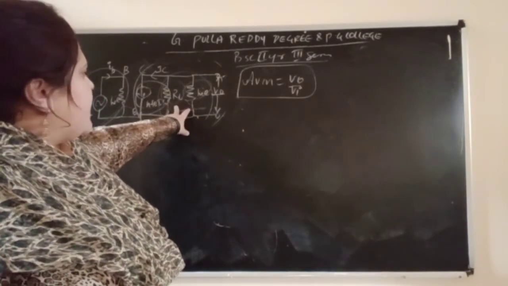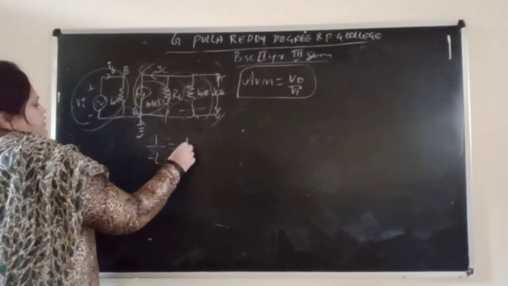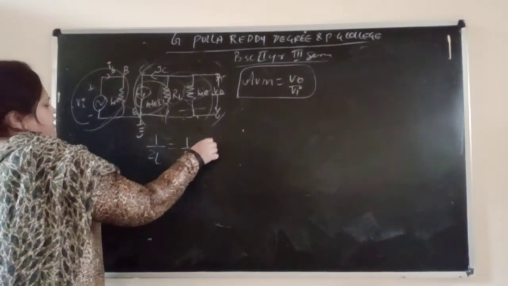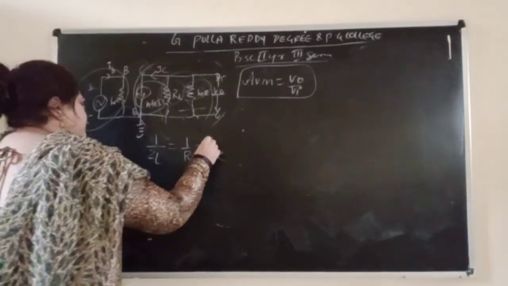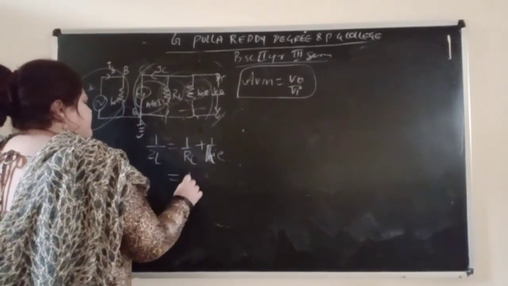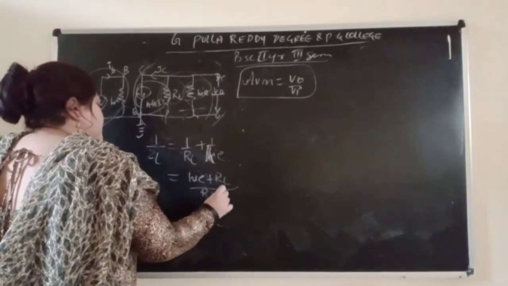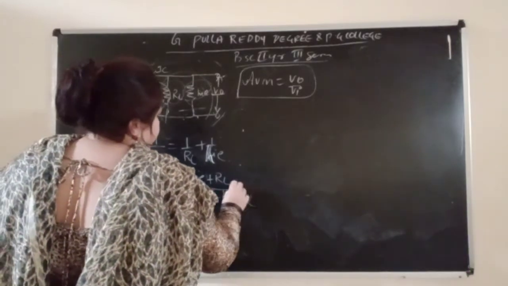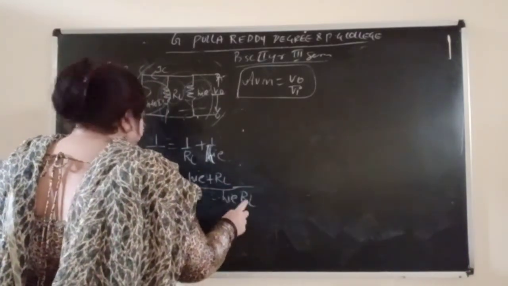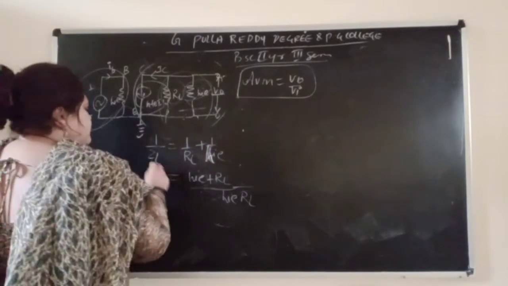Because they are in parallel, we will write in parallel form: 1 by ZL equals 1 by HIE plus 1 by RL. Now cross multiply: HIE plus RL over RL into HIE. Now this is 1 by ZL.